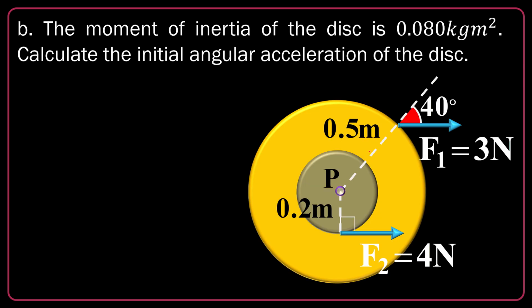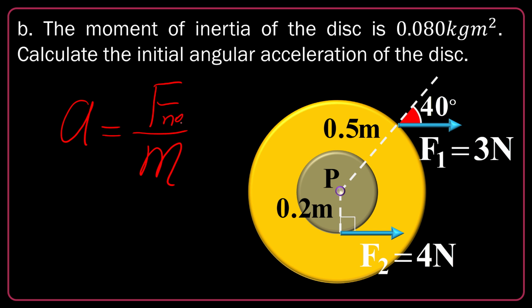Part B of the question, the moment of inertia of the disk is this. I is given, because of maybe some measurements they have. Calculate the initial angular acceleration of the disk. When they say angular acceleration, I should remind myself of the version of Newton's second law in rotational motion. In linear motion, I have acceleration equal to F net over mass.